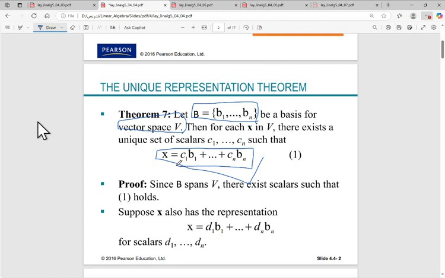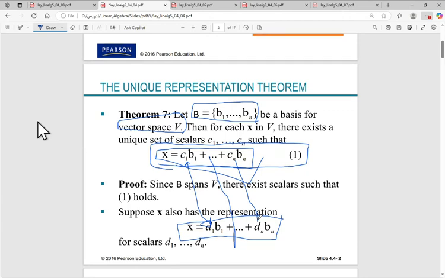So actually what this theorem says, if you have this equation 1, this linear combination x equals c1 b1 etc. cn bn, and then you have another linear combination which yields x equals d1 b1 plus etc. dn bn, then c1 should be the same as d1, c2 should be the same as d2, and cn should be the same as dn.